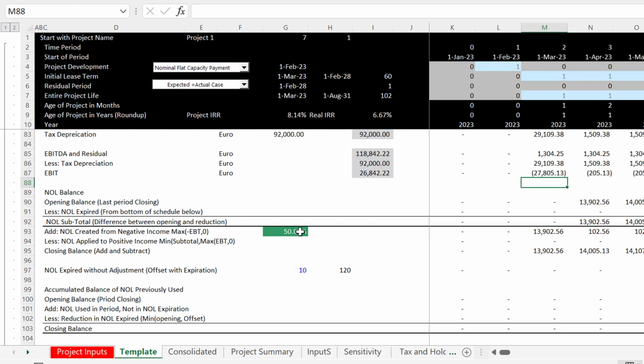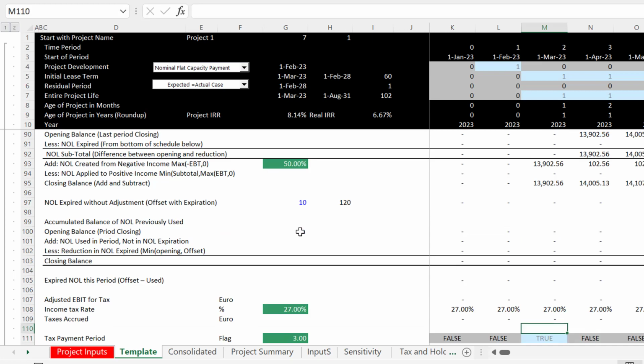We should really do the NOL on a consolidated basis. I'm just doing it on a periodic basis so you can kind of get a sense of the individual project IRR, but we got to be really careful with that. So number 1, that might not be the case, but if we can't carry it all forward, it might not even be that good to take that big tax incentive that we just did anyway.